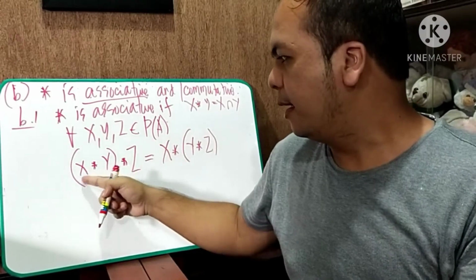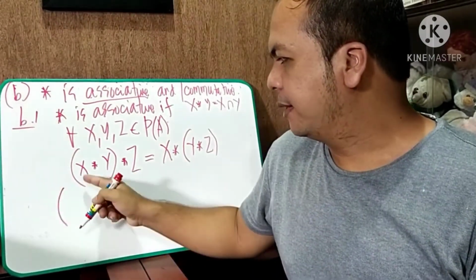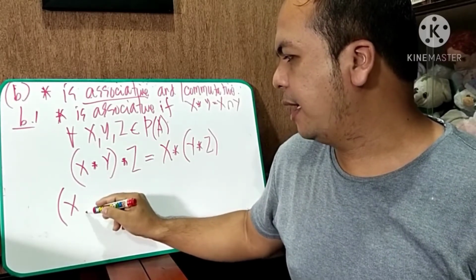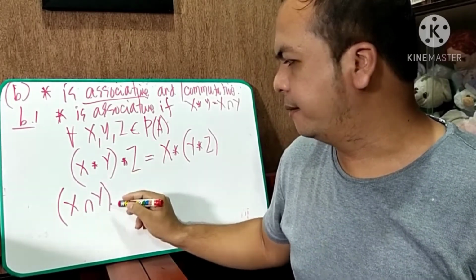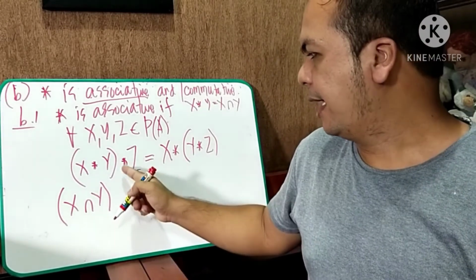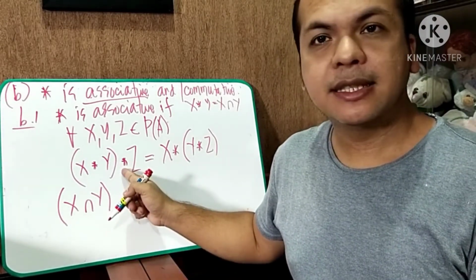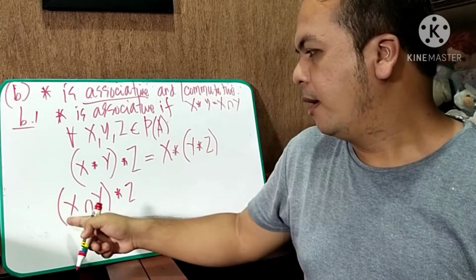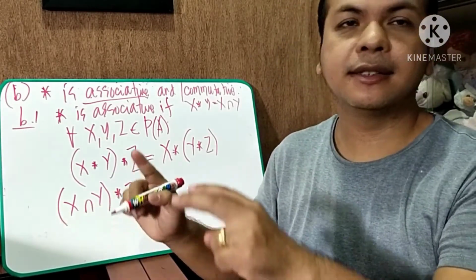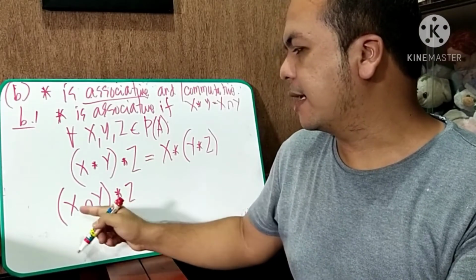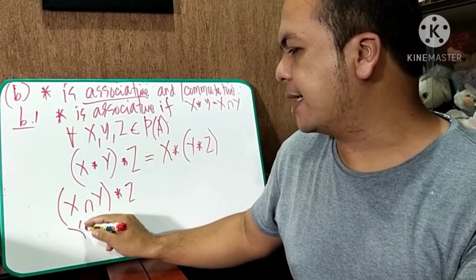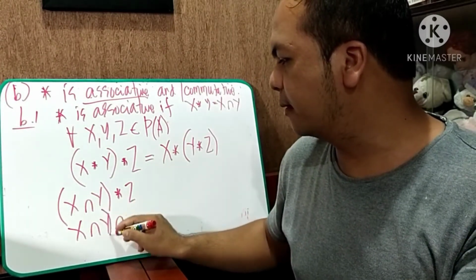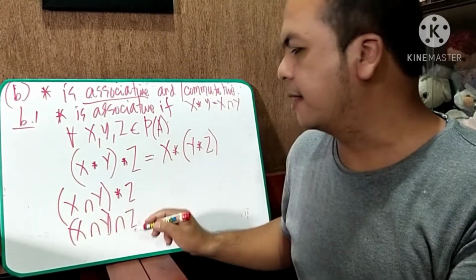Okay. So, therefore, yung x star y is x intersection y. Okay. Then, star z. So, x intersection y is star z is equal to x intersection y intersection z.